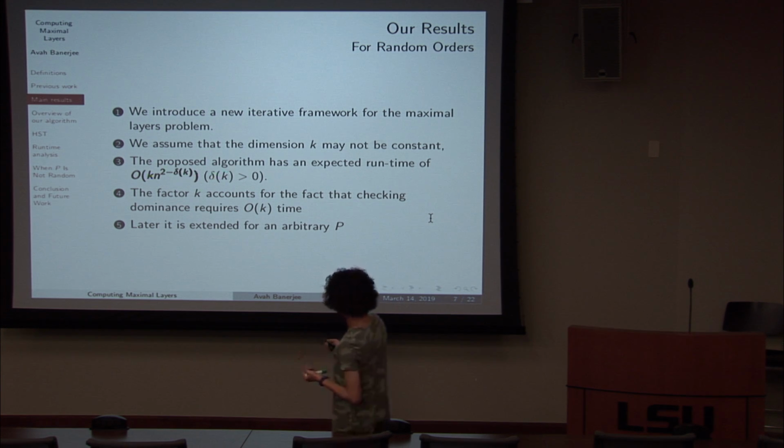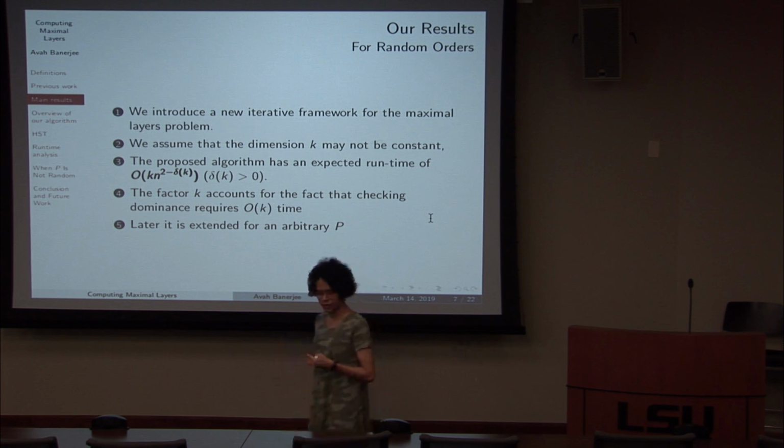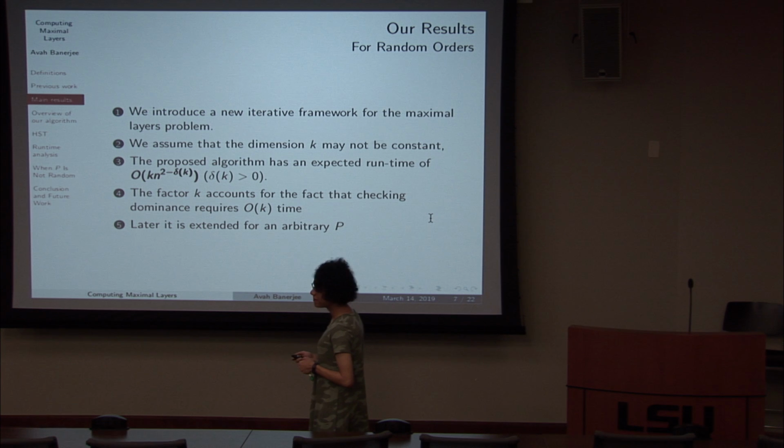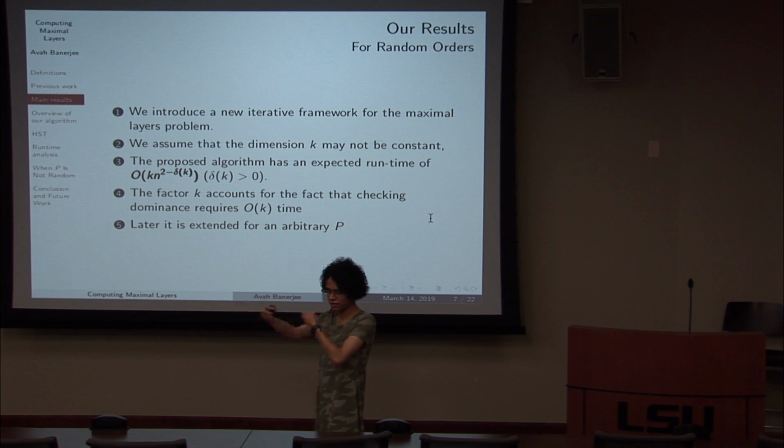But since delta k is greater than 0, this is less than n squared. And as k increases, delta k tends to 0 but never reaches 0. And the factor k accounts for the fact that if you are checking dominance between 2 points, since there are k components, you have to check each dimension individually.